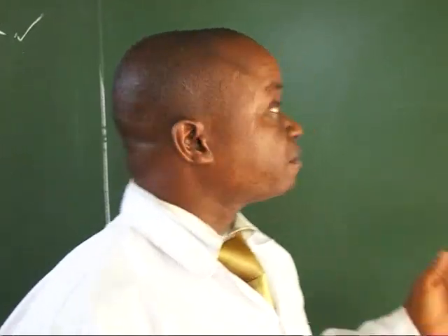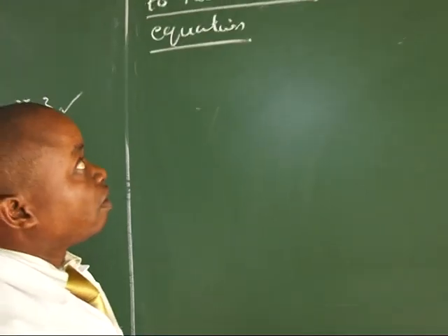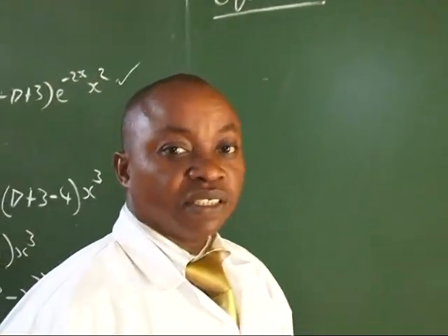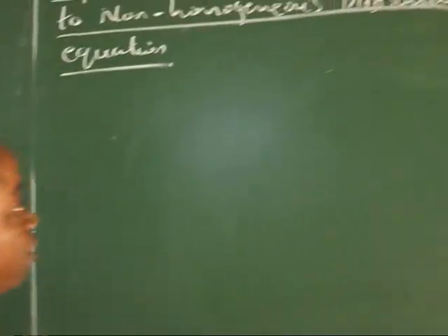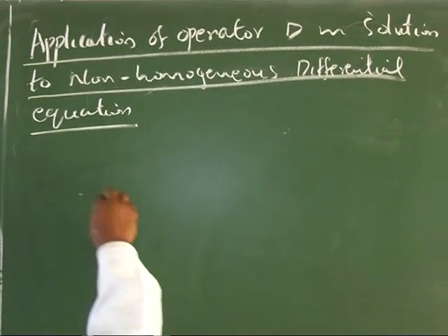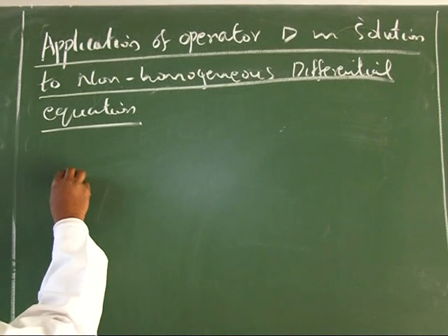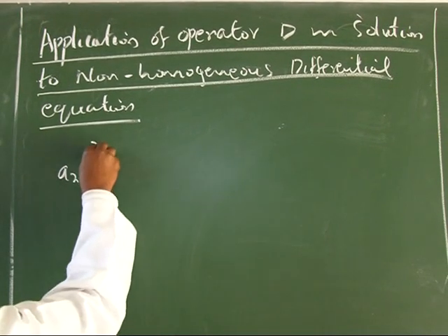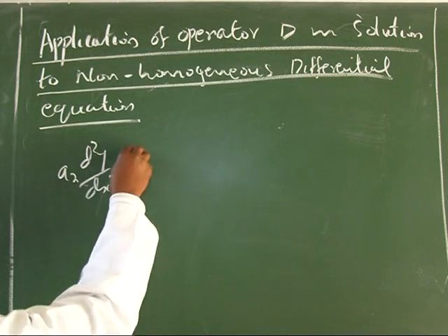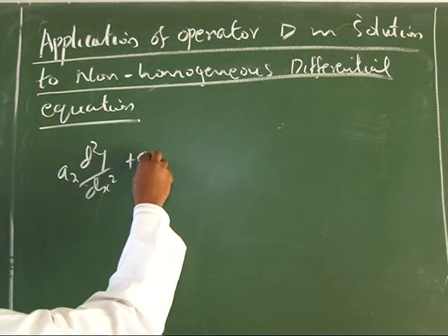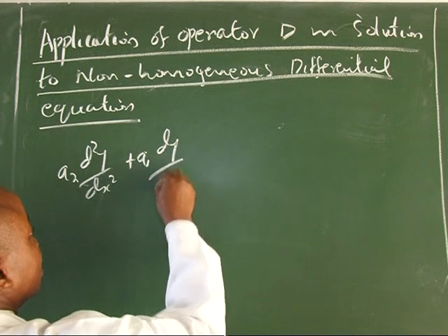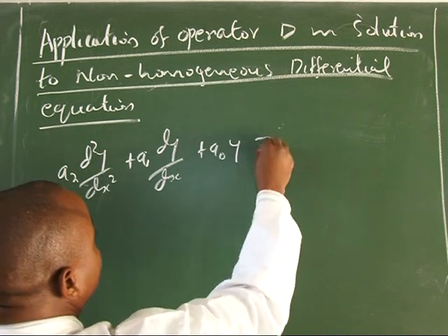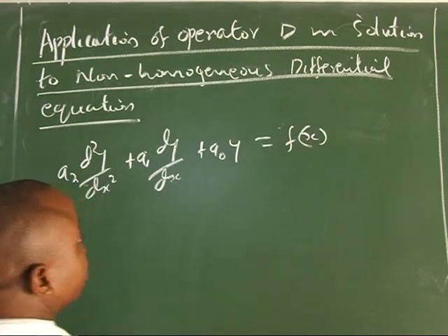Alright, so let's see application. We look at application of operator D in solution to non-homogeneous differential equations. Now we know that a non-homogeneous differential equation with constant coefficients is of this form: a2 d squared y over dx squared plus a1 dy dx plus a0 y is equal to f of x.